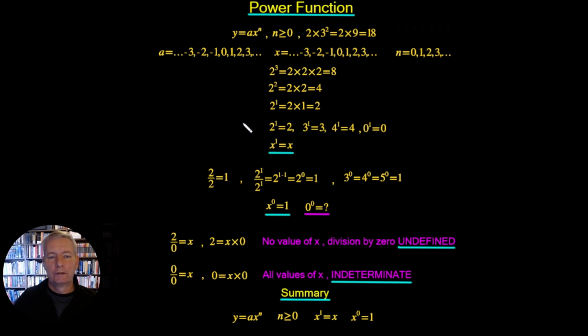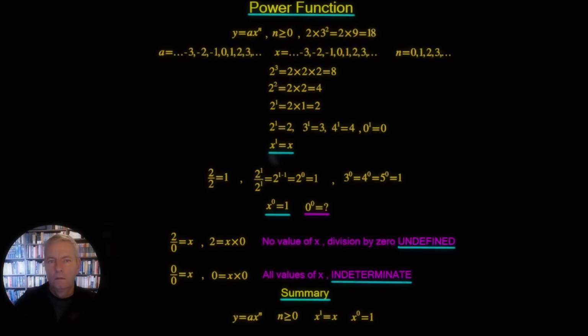So for example, 2 raised to the power of 1, we get 2, 3 raised to the power of 1, we get 3, 4 raised to the power of 1, we get 4, and also 0 raised to the power of 1, we get the value of 0. So we can write down more generally, x to the power of 1 is equal to x. So that's going to be part of our program as well.